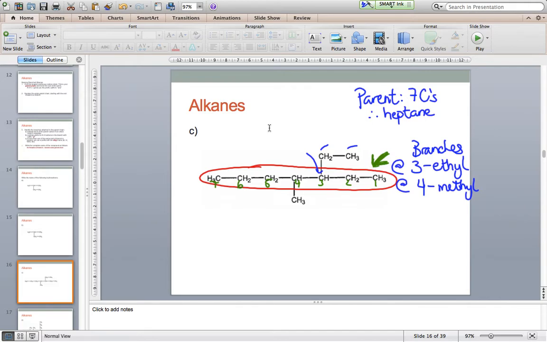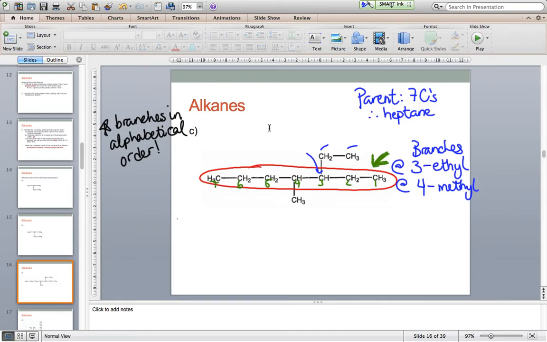Now I need to put all this together. So the rule is, guys, if we have more than 1 type of branch, we need to make sure that we are listing our branches in alphabetical order. So ethyl, E comes before methyl, M, so we will list that one first.